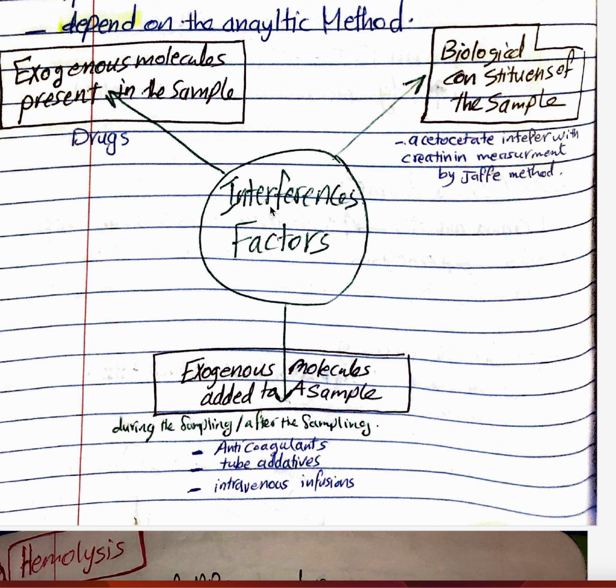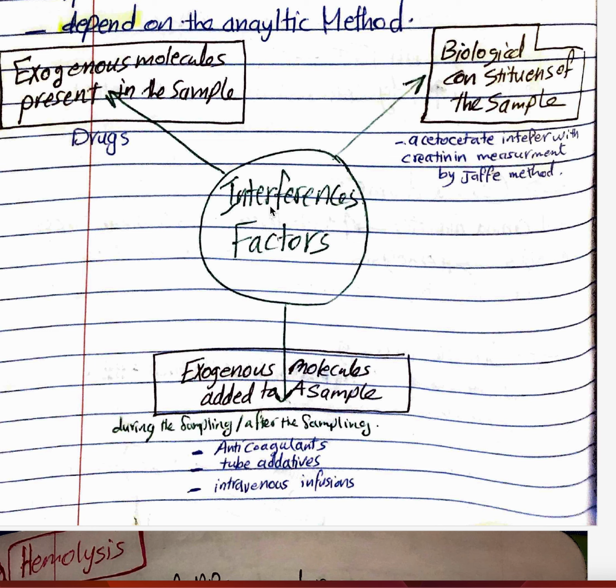The other thing is biological constituents of the sample. Maybe acetoacetate interferes with the creatinine measurements by Jaffe methods. That means we use Jaffe methods. Why do we use the Jaffe method? To measure the creatinine, and if there is acetoacetate in the sample, the acetoacetate interferes with the creatinine level by the Jaffe method.